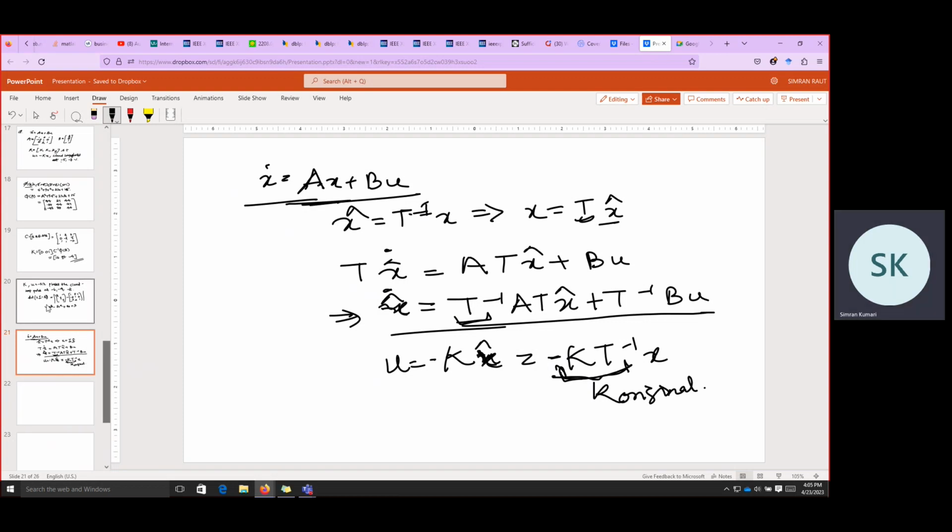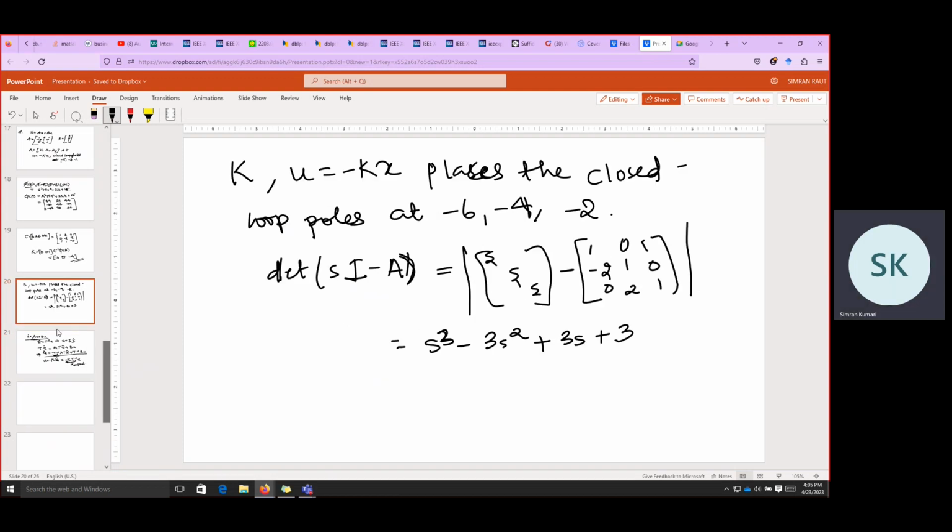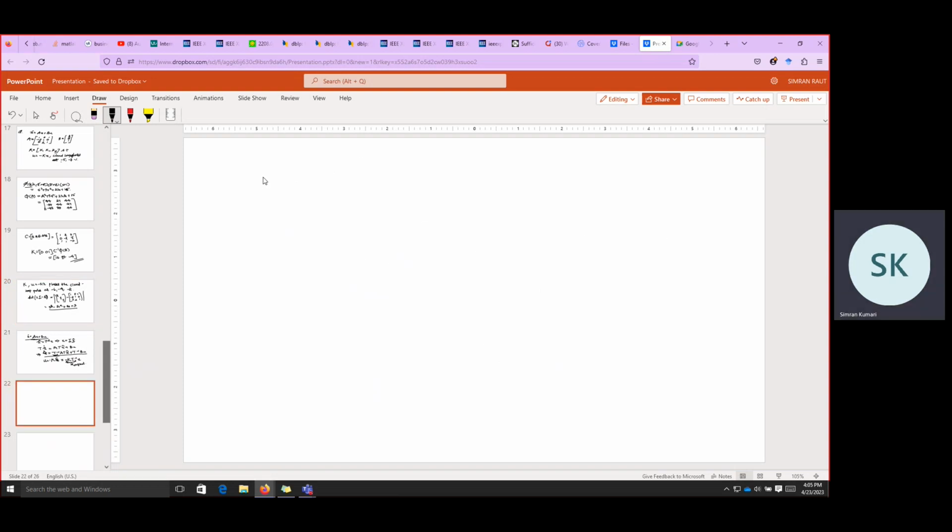Okay, so we have to find this T matrix. For that, there is this procedure. So we have this characteristic equation, and from there we will calculate a matrix. So suppose this is the characteristic equation, which is s cube plus b1 s square plus b2 s plus b3.